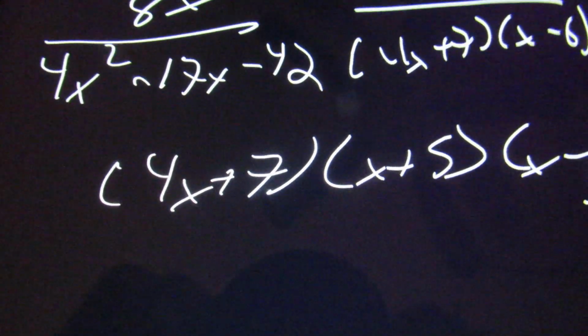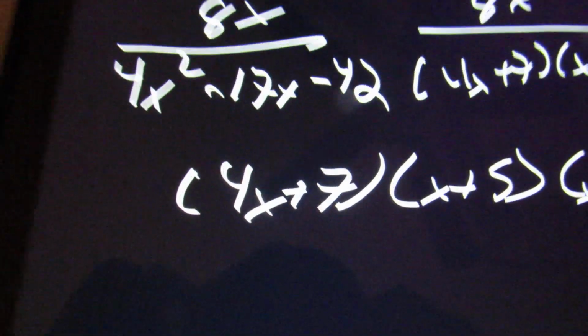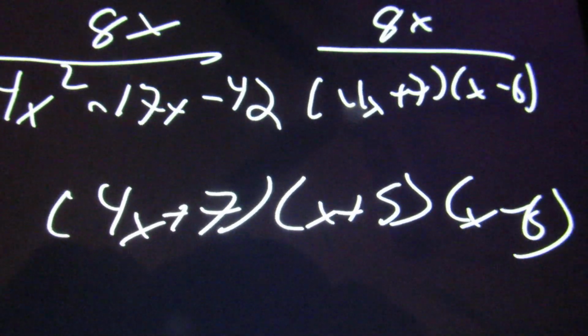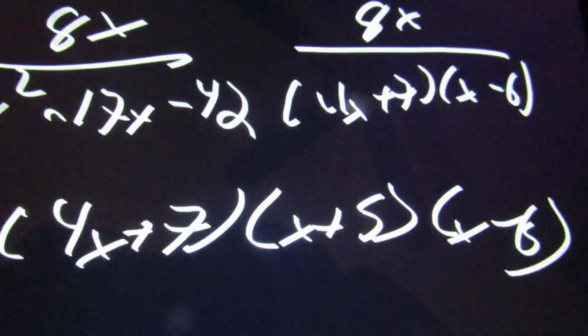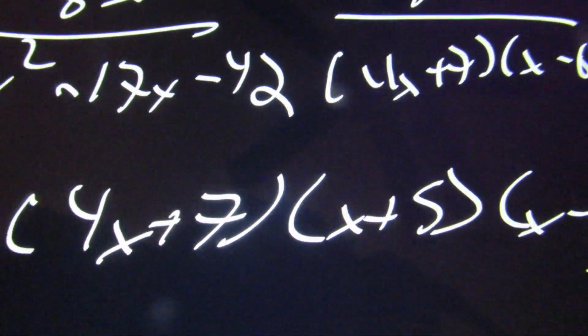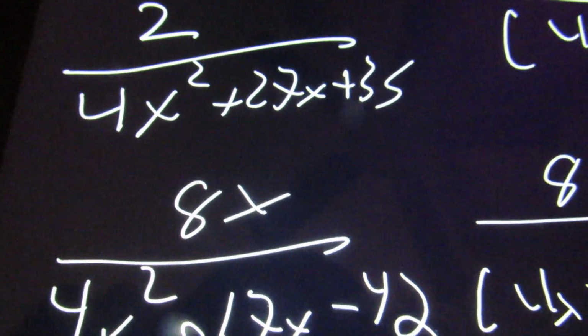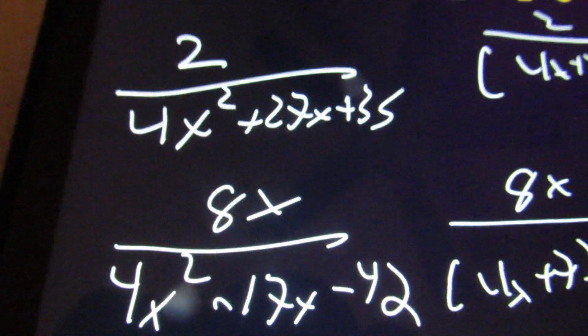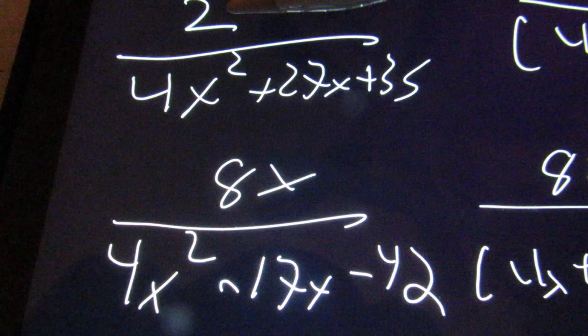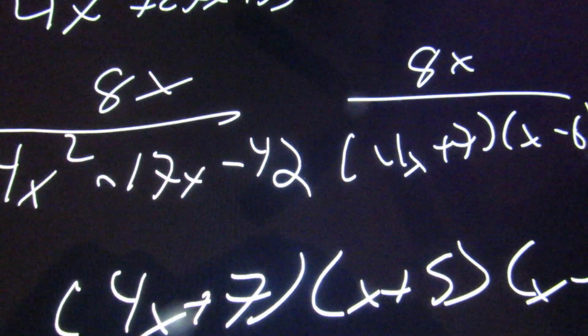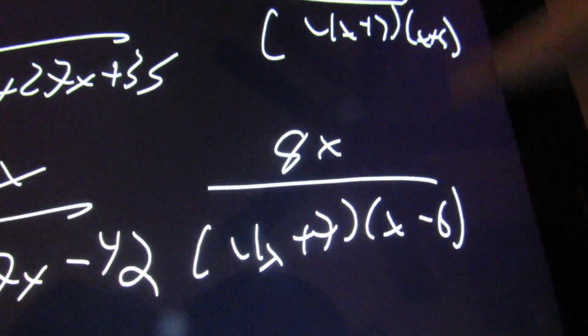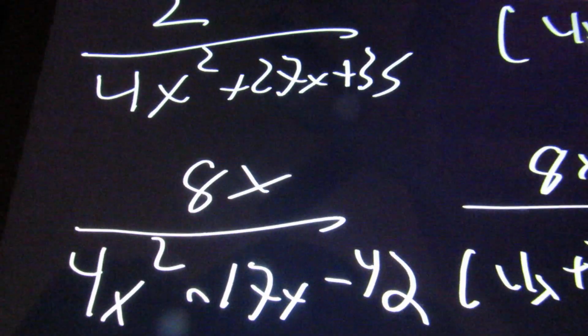And all it's asking you to do, it's not asking you to yet combine them or add or subtract them. It's just asking you to write the equivalent fraction. So that's actually the next step anyway. So this first one doesn't have the x minus 6. So we have to put it in there.